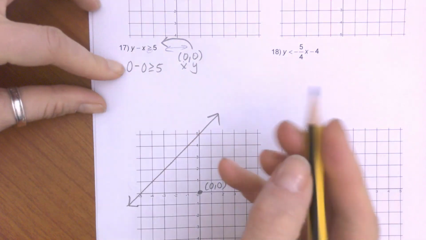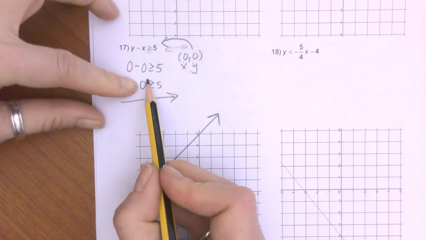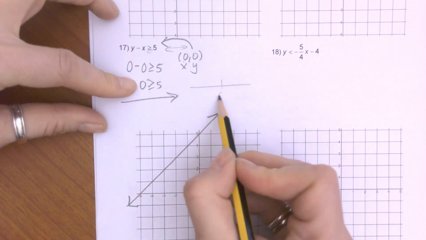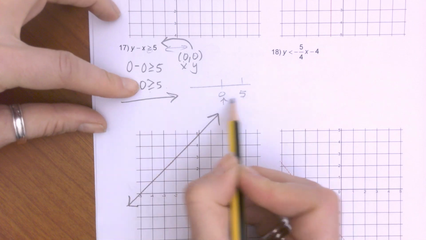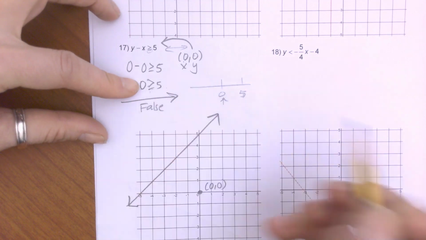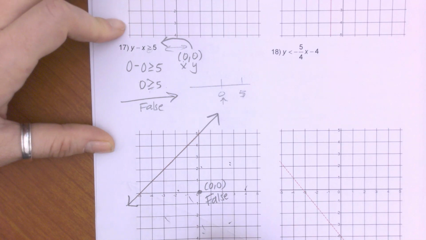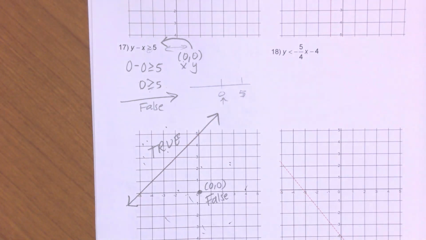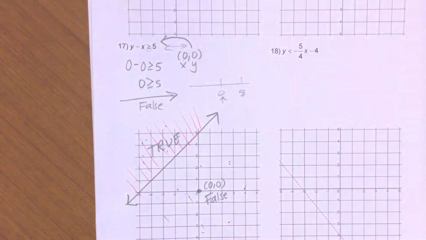What's 0 minus 0? 0. And I read it this way, touching the big side first: 0 is bigger than or equal to 5. Is 0 bigger than or equal to 5? No, that's false. 5 is bigger than 0. So this point is false, all the points on this side are false, and all the points on this side are true. We color the true side. So this is my solution set here.